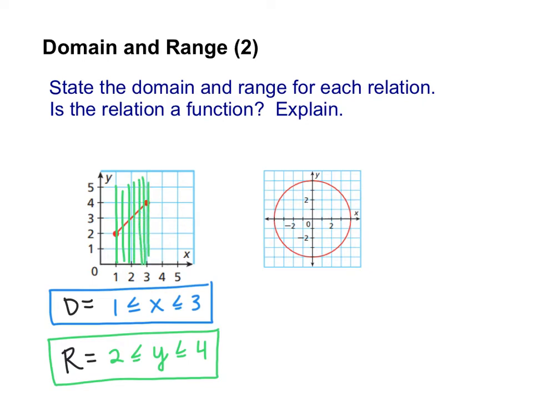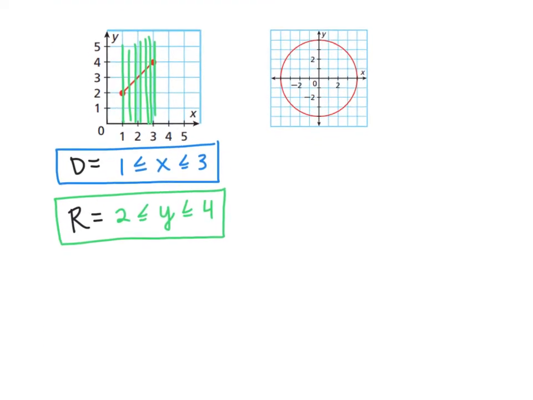Did it ever hit that line in more than one spot? If it did not, that's a good thing. That means it passed the vertical line test, and that makes it a function. So is it a function? Yes, it is. And then what's our reason? Well, it just passed the vertical line test.